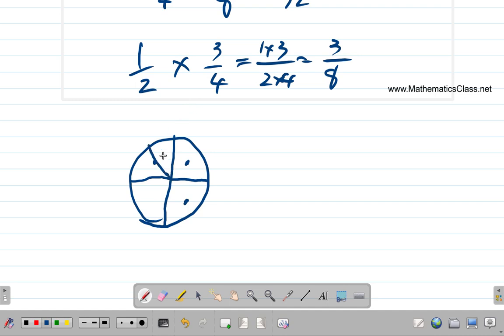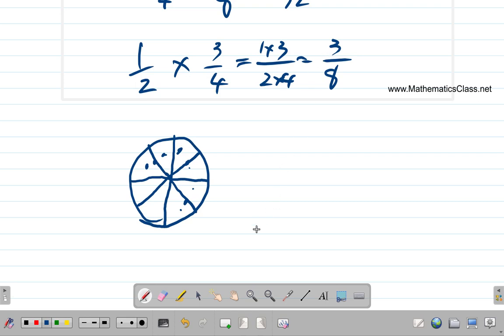3/4, how many eighths? You have 8 here, so 3/4 is 1, 2, 3, 4, 5, 6, that is 6/8. Half of 6 is 3, so you have 1, 2, 3, that is 3/8.